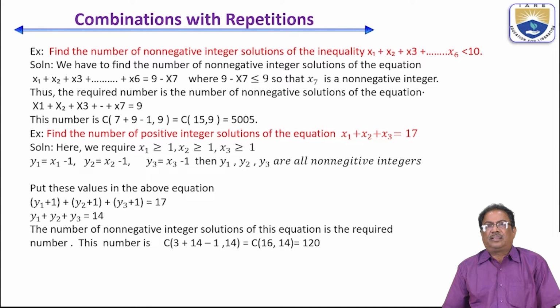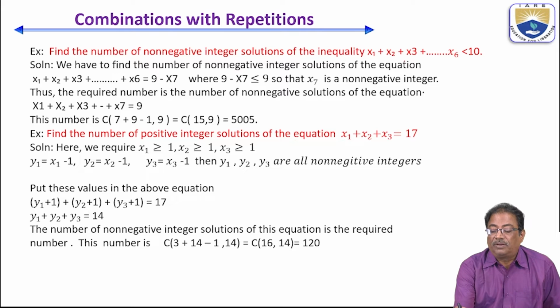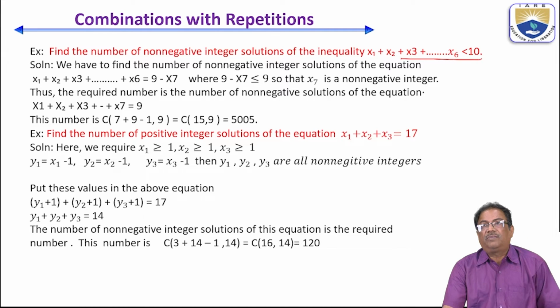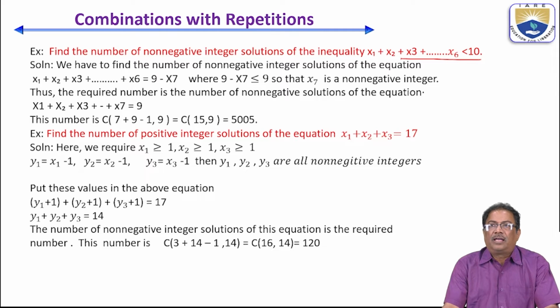Now let us consider how to find the number of solutions when an inequality is given. Suppose the inequality is x1 plus x2 plus and so on plus x6 is less than 10. Then we convert this into an equation by adding another variable.